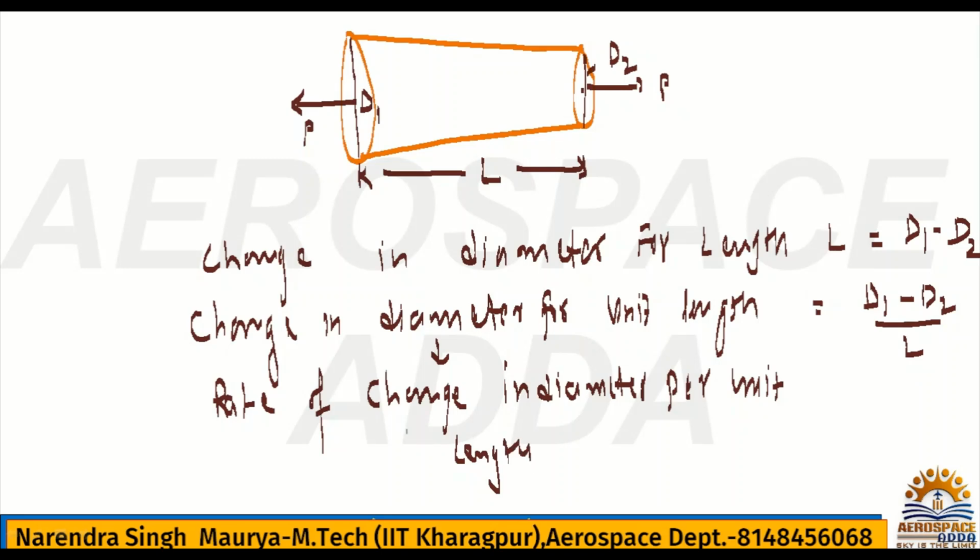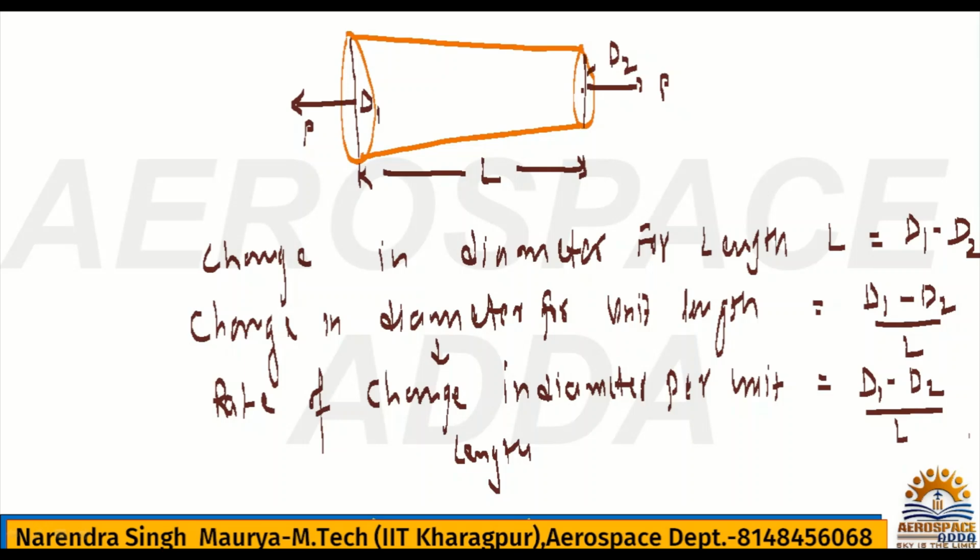Like, see, 10 mangoes cost 100 rupees, so the cost per mango is nothing but 100 by 10. That is the simple concept. So for length L, the change in diameter is D1 minus D2.